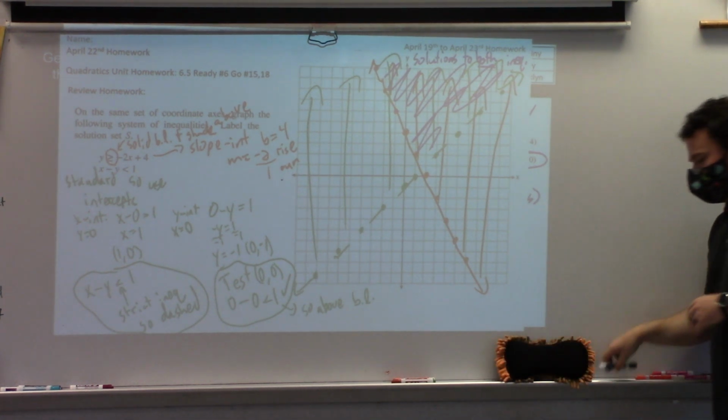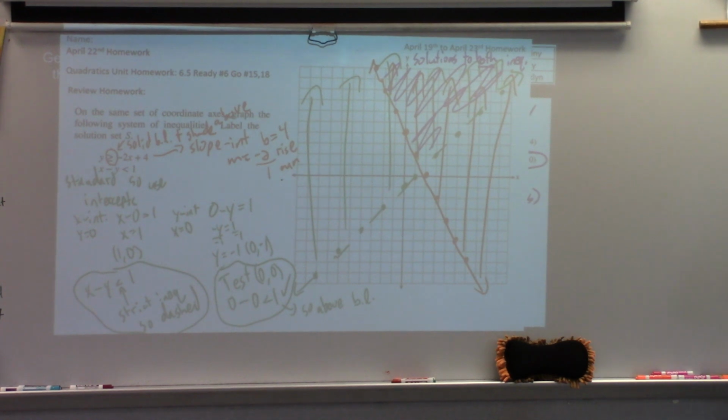Big picture ideas: how do we approach this problem? Same idea for when we're thinking about an explicit quadratic. I'm doing this right now and haven't changed the slide so that if anyone needs to copy anything down, they can. But big picture ideas, explicit quadratic, what main ideas should we remember about every explicit quadratic equation? It's got two things.